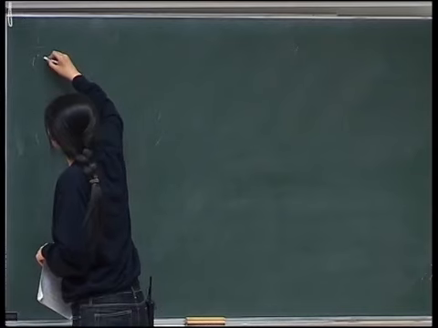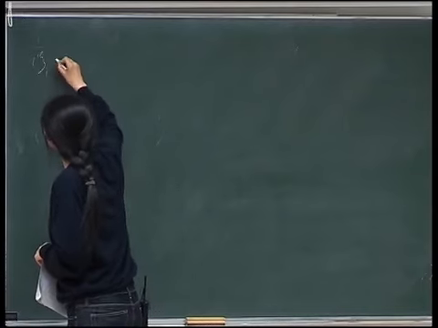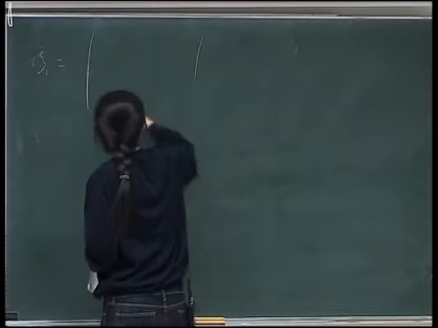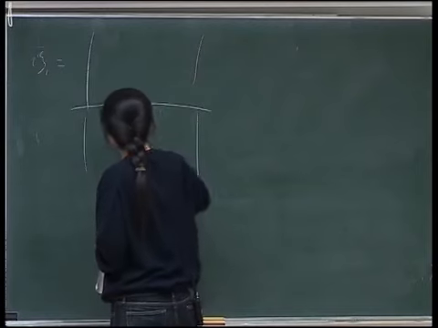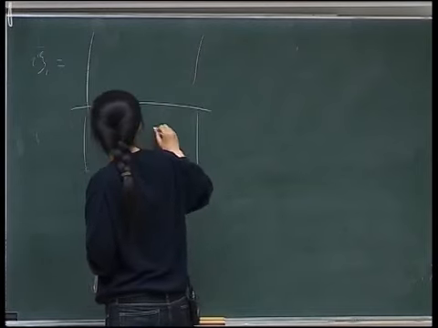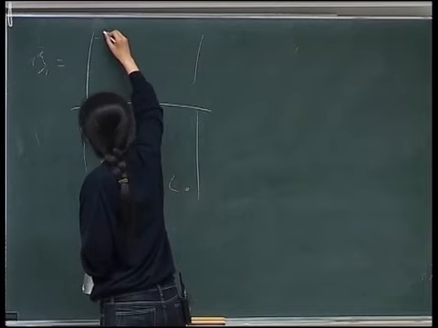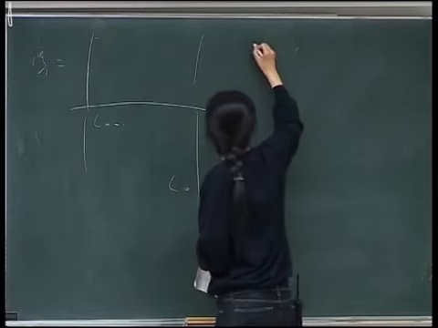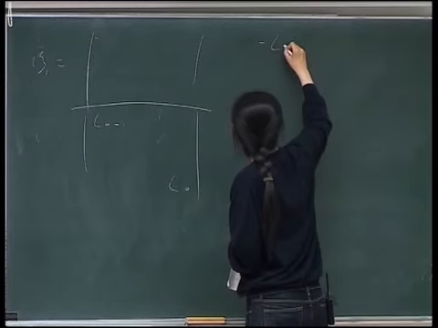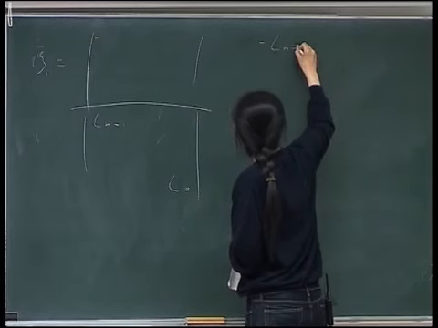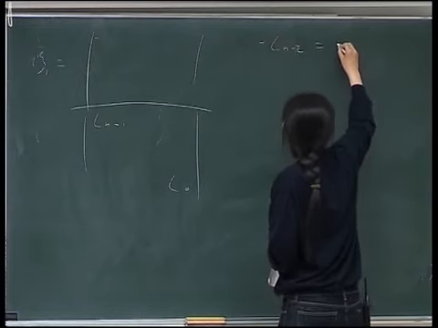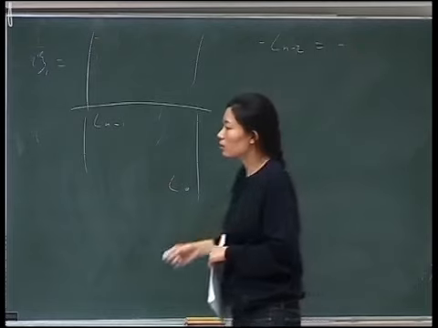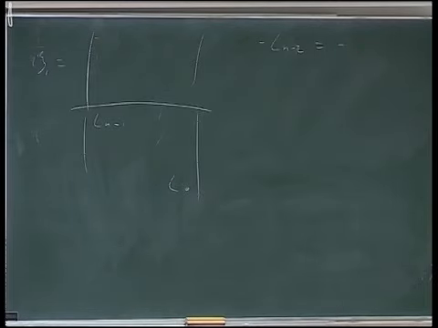So what I had was eta 1 is equal to minus L, and n minus 2 is equal to minus... what was the relation?